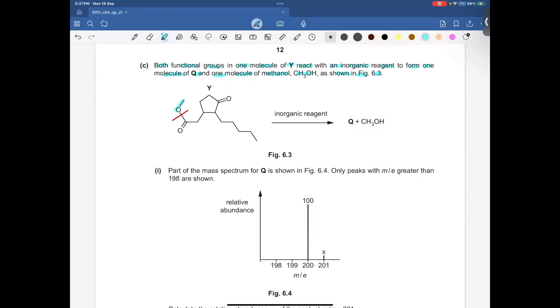So let me write the structure first, and it's going to be a very complicated one. This is a pentagon, and this is going to be OH. This is a double bond.